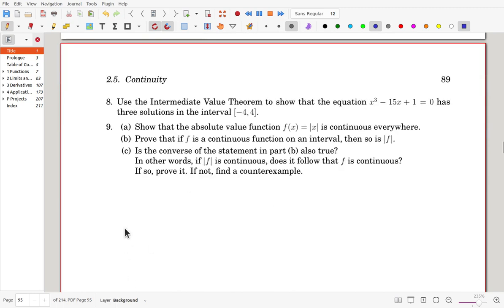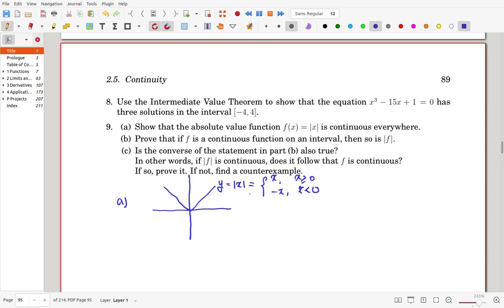Last one: show that the absolute value function is continuous everywhere. Part A, pictorially. Here y equals the absolute value of x, so it is continuous. And of course that is the same as x when x is larger than or equal to 0, and minus x when x is negative.